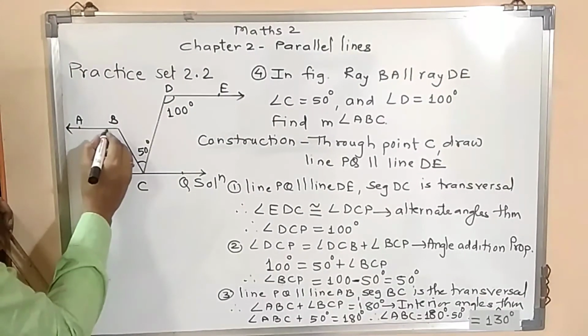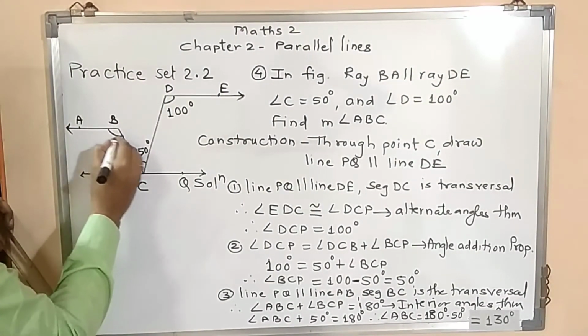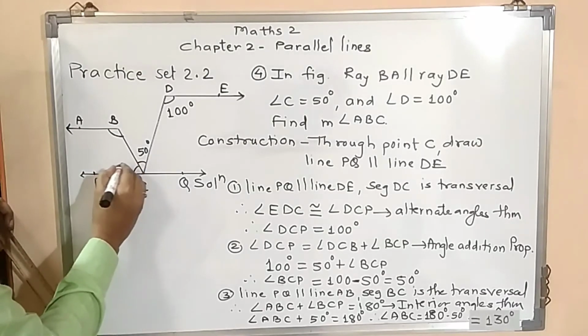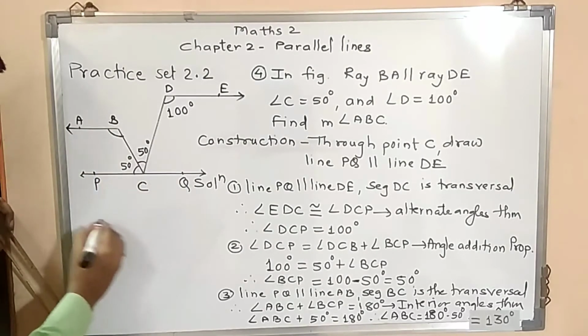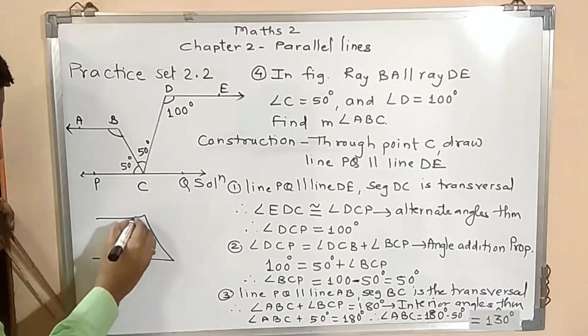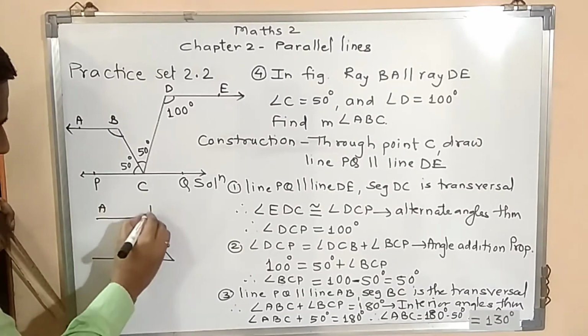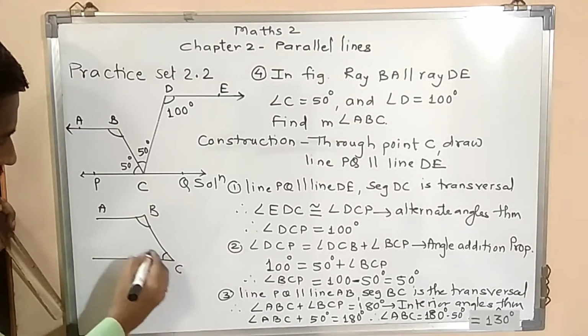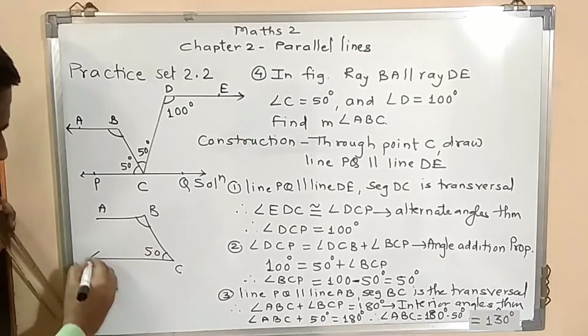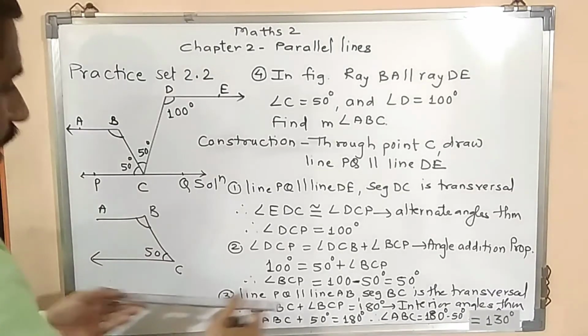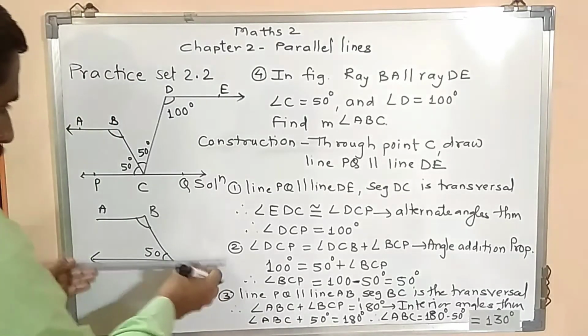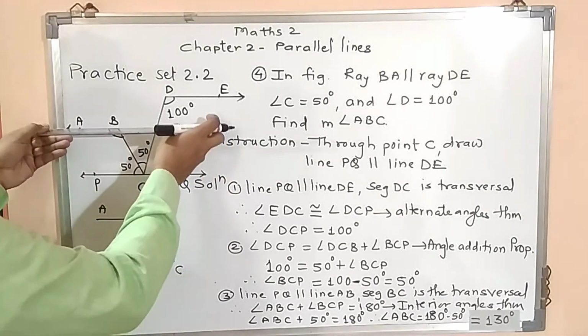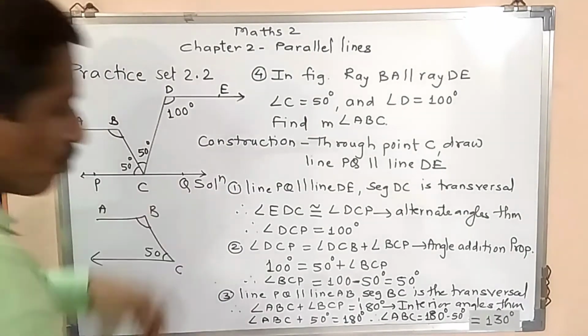Now look at this part. This is angle ABC. This one I got as 50 degrees. So I will draw it separately. This angle I have to find out, ABC. This I know is 50. Now here is line PQ. Line PQ is parallel to line AB and BC is the transversal.